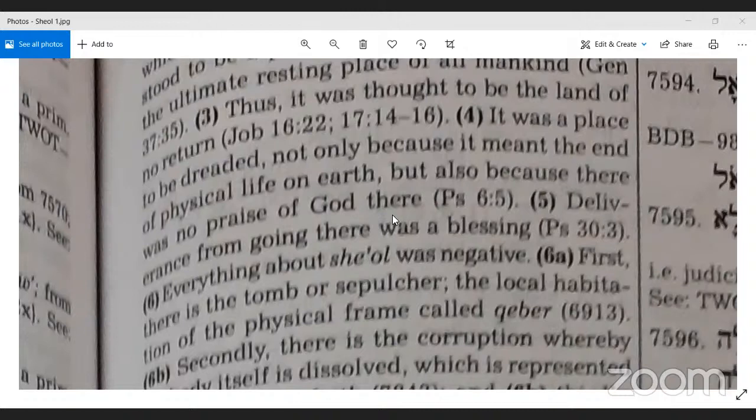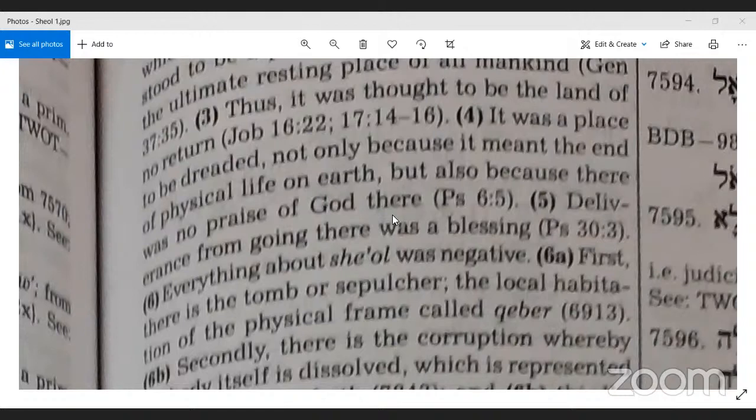So in other words, we dreaded death. Well, that's one way to look at it. But they're talking about Sheol as a place to be dreaded. So in other words, what this is saying is, at the end of physical life, there is no more praise of the Most High.